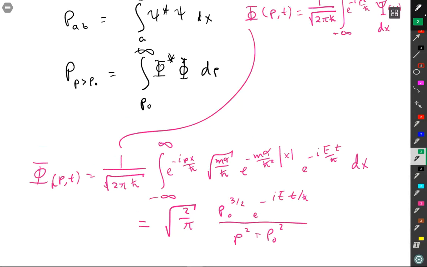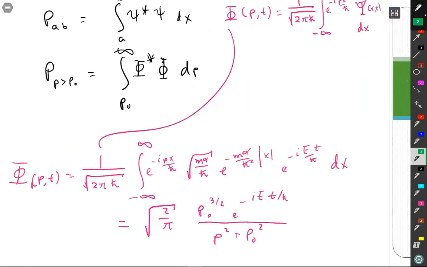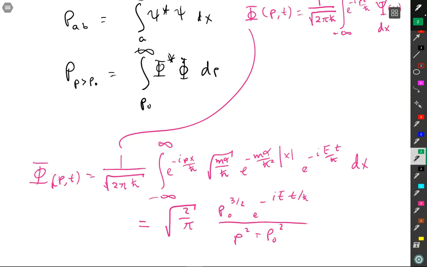Now that we have the function, our next step is to integrate that from P0 to infinity. And guess what he says there? I looked this one up too. So when he did this integral, it's just integrating this from P0 to infinity and then plugging in numbers. It turns out to give you 0.0908.